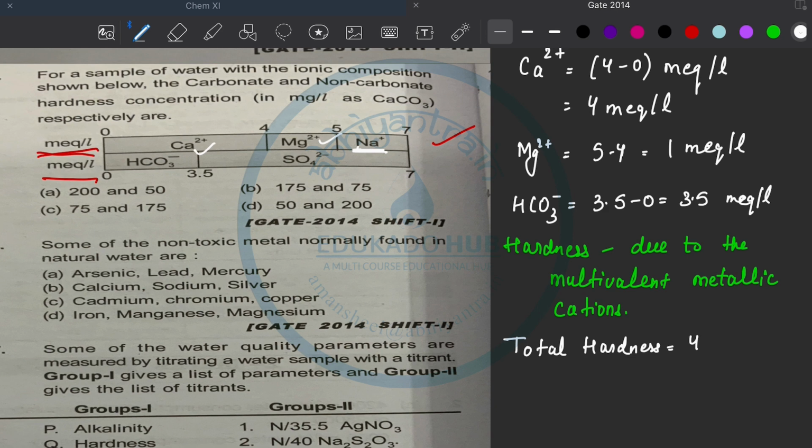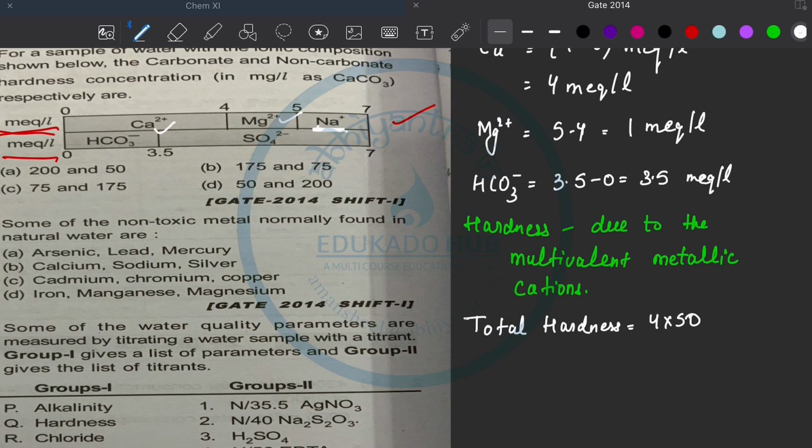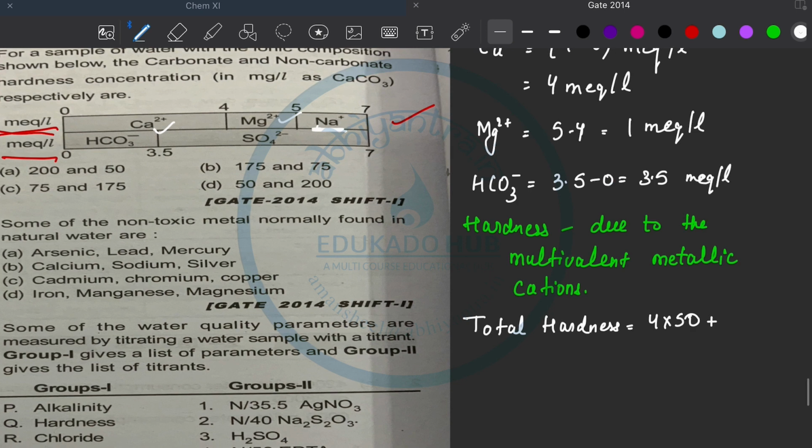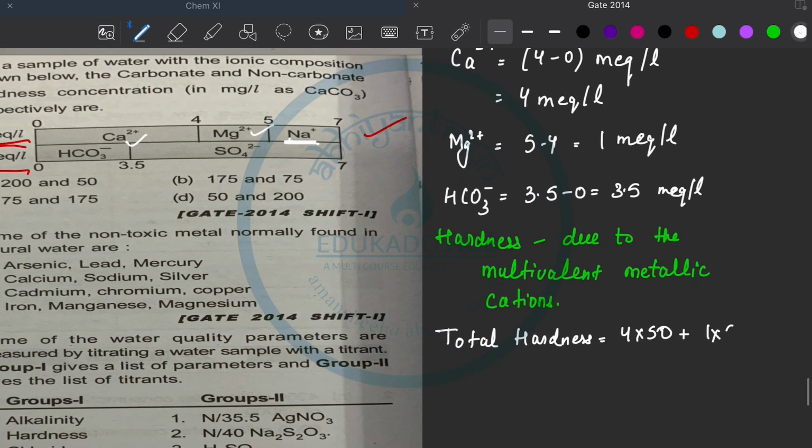So 4 into 50, that is we are going to multiply it by the equivalent weight of CaCO3, plus for Mg it is 1 into 50.